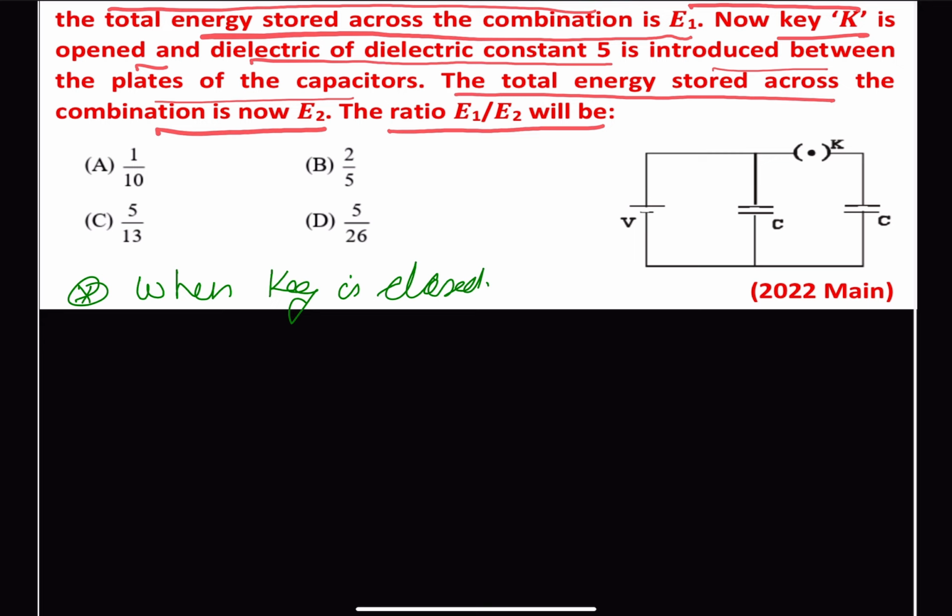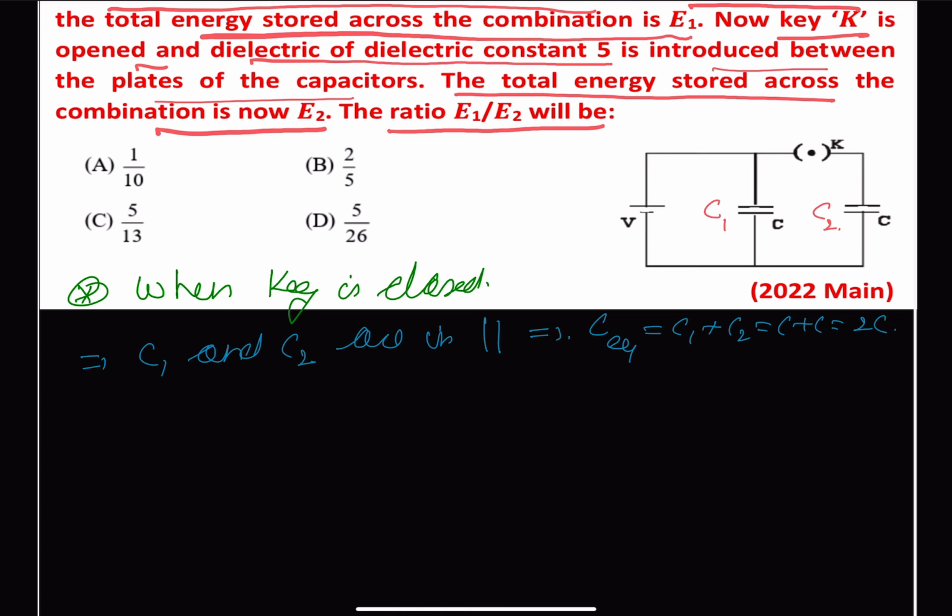Let us call them C1 and C2. So C1 and C2 are in parallel. Therefore, we can find the equivalent capacitance C equivalent will be C1 plus C2, which is C plus C, equal to 2C.